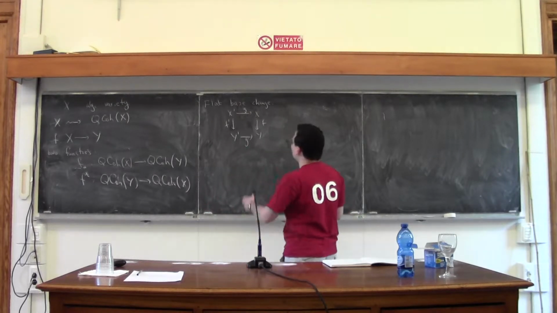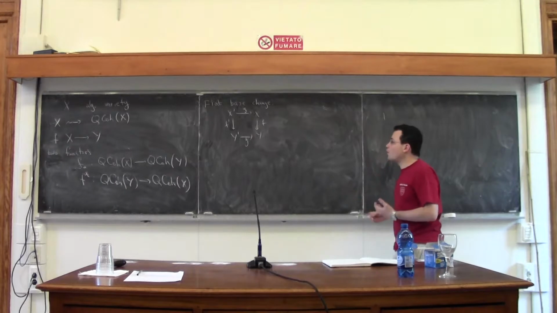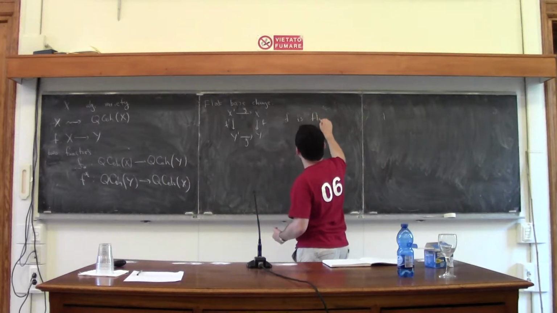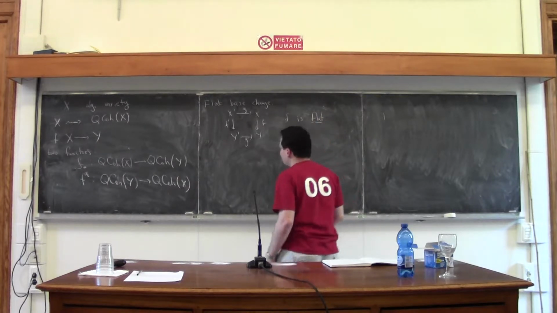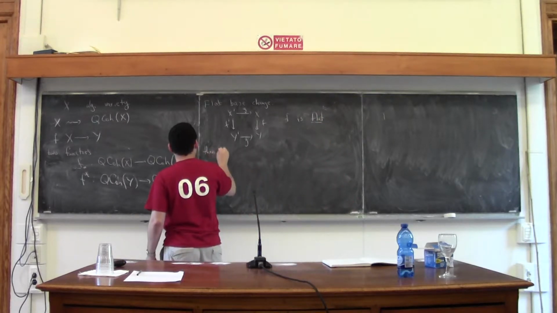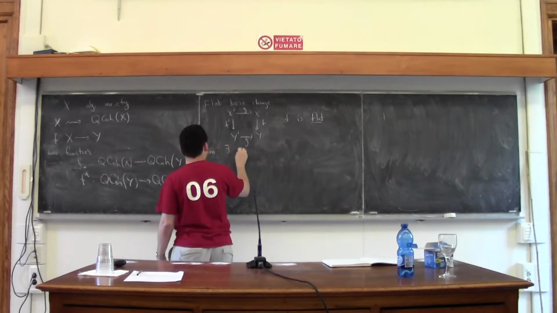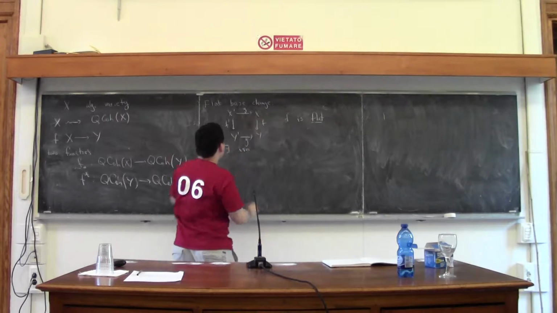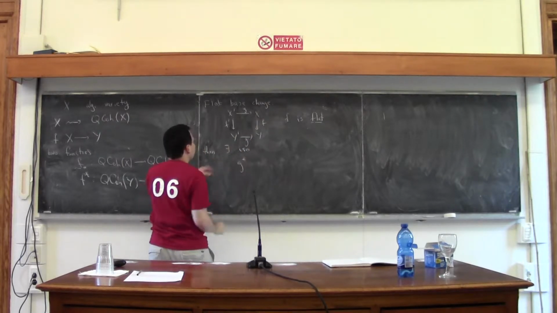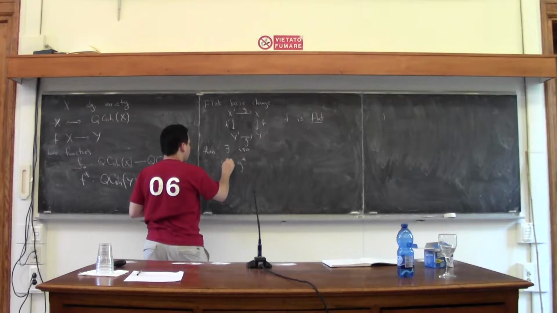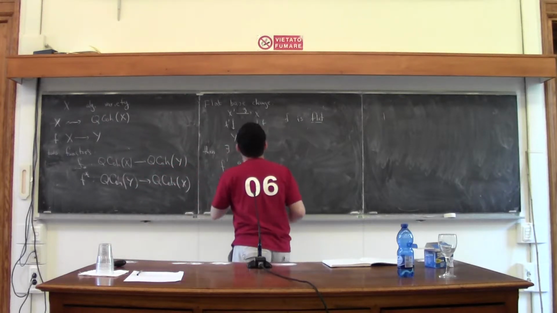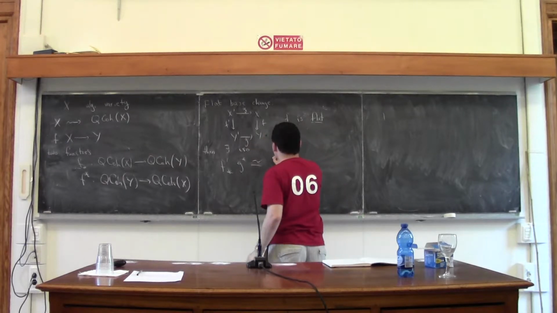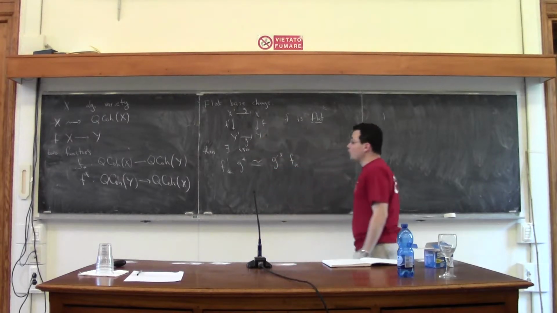So if we have a fiber square and say f is flat, then there's an isomorphism. We can start here, first pull back with respect to g, and push forward with respect to f prime. Or we can first push forward with respect to f, and pull back with respect to g prime. And these are isomorphic.